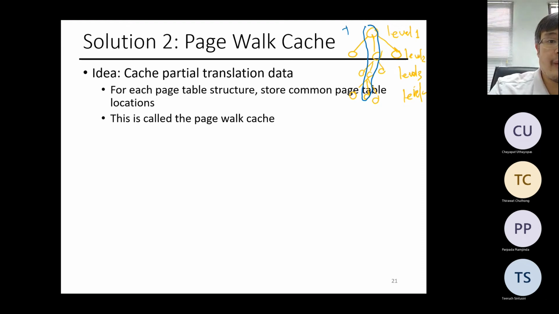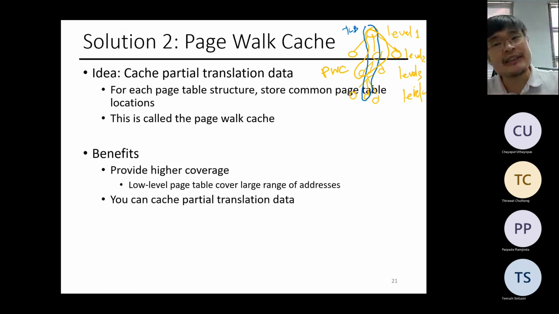The page walk cache will only skip some levels, from here down to here. It means that you can still skip some levels, but at the end of the day, you need to do the translation. The benefit is it has a much higher coverage, and you can cache partial translation data.